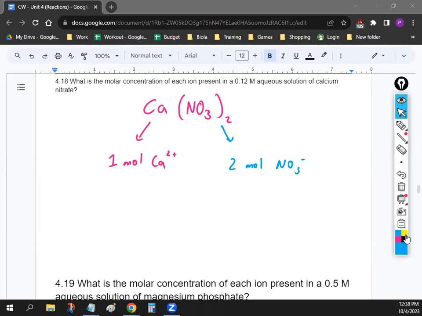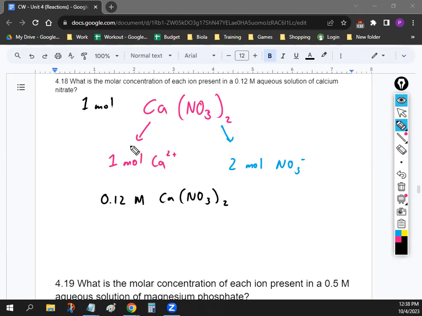Okay. So what this is basically telling us is that for every mole of calcium nitrate that you have, you're going to have 1 mole of the calcium ion and 2 moles of the nitrate ion. So with that ratio in mind, the question is asking, if you have 0.12 molarity Ca(NO3)2, this is the concentration for the calcium nitrate, what is the molar concentration of each ion?